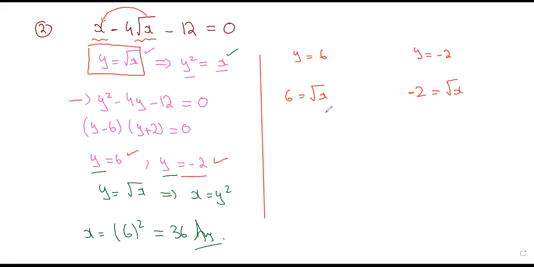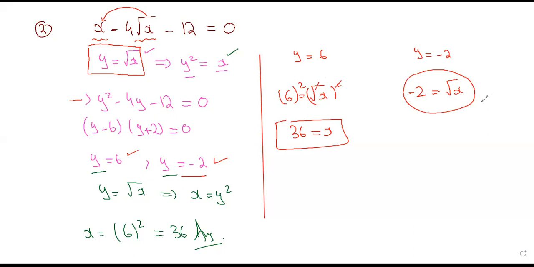We need to find the value of x, so I need to square both sides. I will square this side and this side. The root and square would cancel and I would get 36 equals x, right? This is what I'm going to get. And this solution would not be considered, right? We are only going to consider this solution because of this minus sign right here.